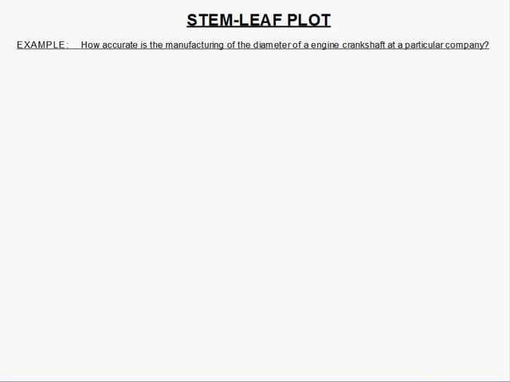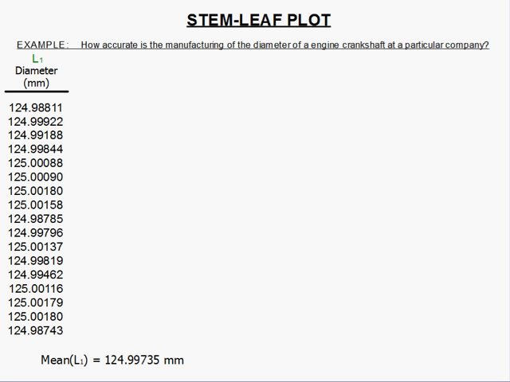Now, the next question is, how accurate is the manufacturing of the diameter of an engine crankshaft at a particular company? We're still talking about stem leaf plots because there's a point of confusion. When you're talking about high precision engine crankshafts, we're measuring with extraordinary precision, probably more than is reasonable.